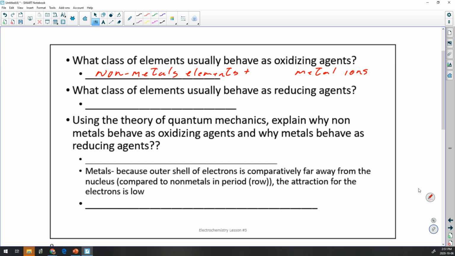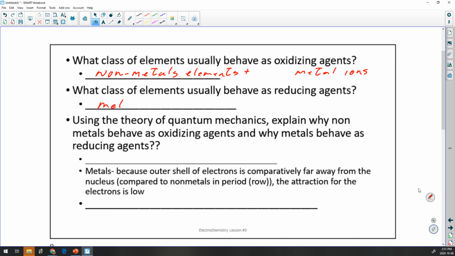Every metal ion can act as an oxidizing agent, but some of them also act as a reducing agent. We only have the three that we mentioned yesterday in the data booklet, but we do have to talk about those. What class of elements behave as reducing agents?